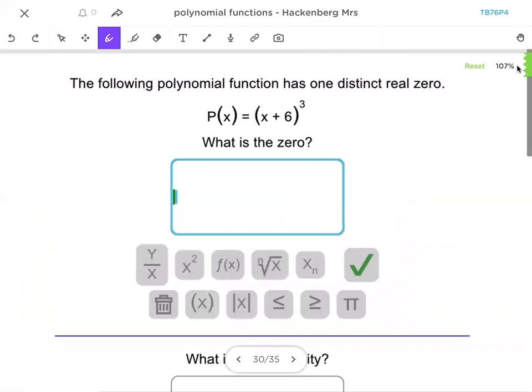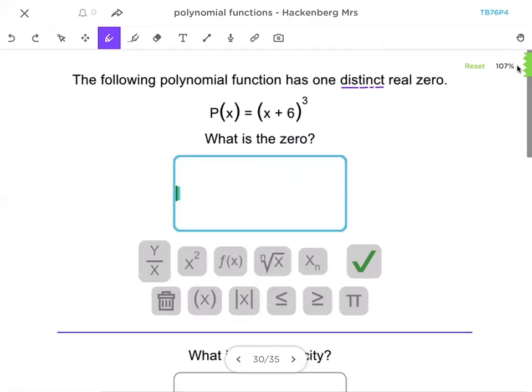Notice how it says distinct, you know, specific, unique. So it has one distinct real 0. It says what is the 0?